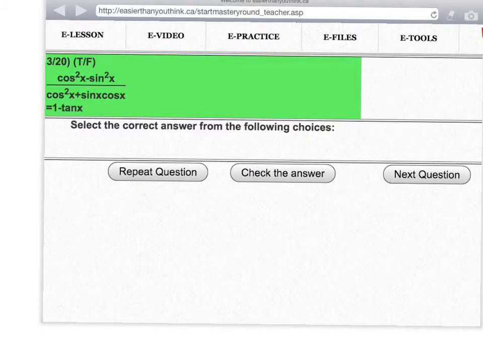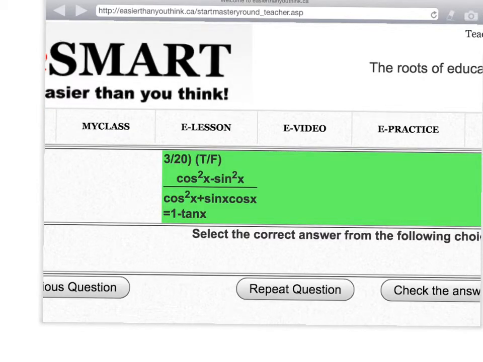Try the next one. Cos squared x minus sine squared x divided by cos squared x plus sine x cos x is equal to 1 minus tan x. Okay, to solve this identity, I'm going to start from the left side and hopefully get to the right side. To start, I'm going to use the difference of squares.